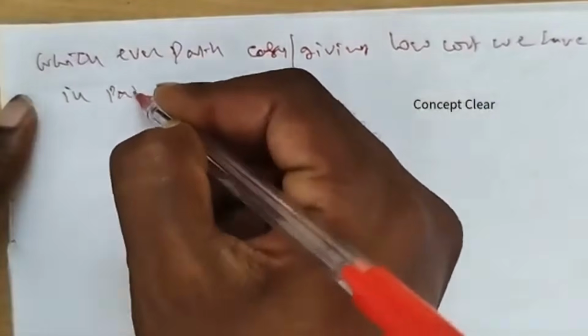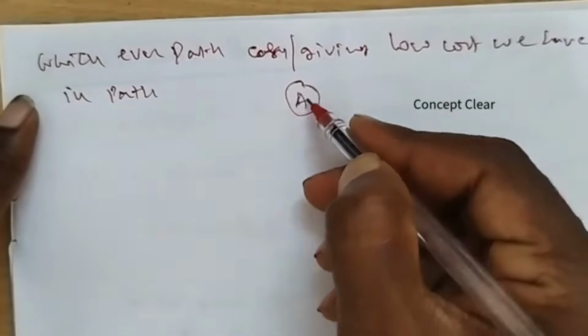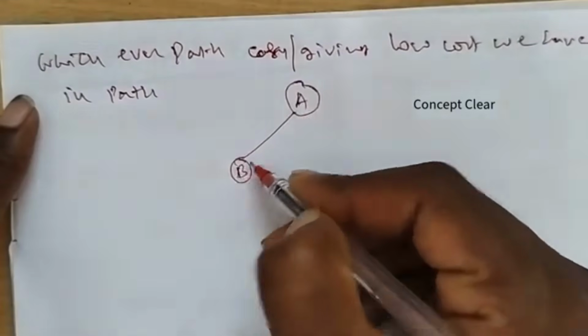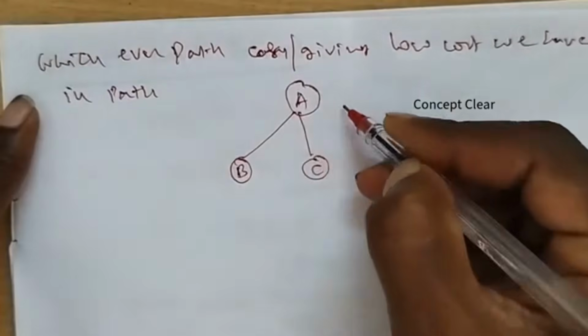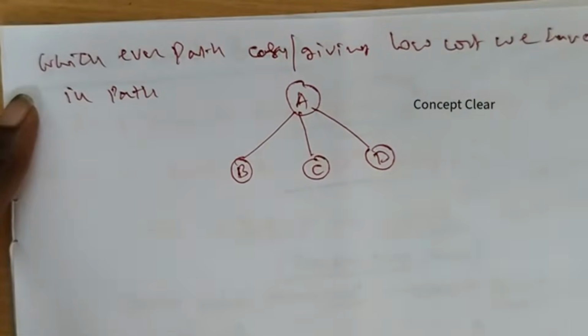What is the main aim here? To find the shortest path. So whichever gives that, we will go A to B to C to D. So here A to B and D value.